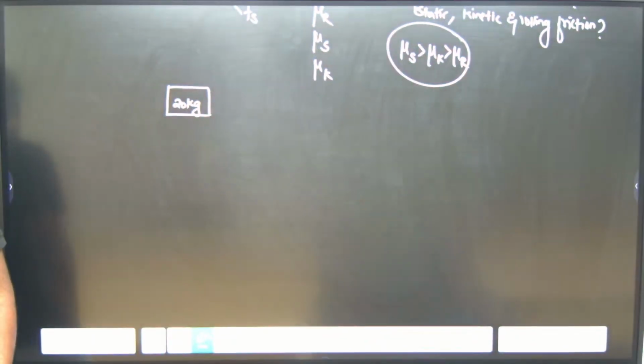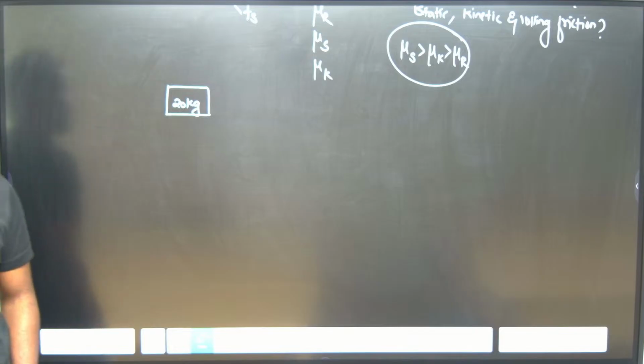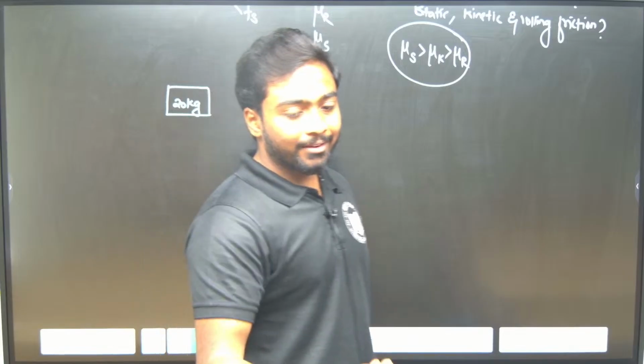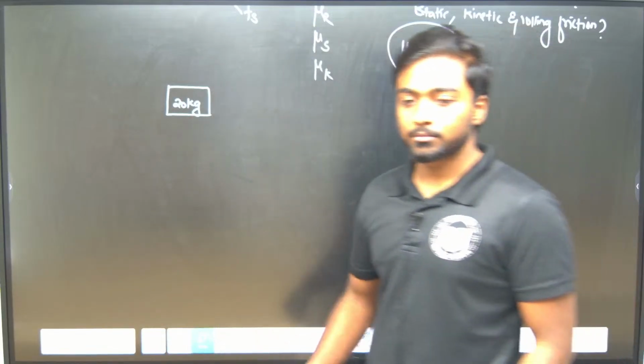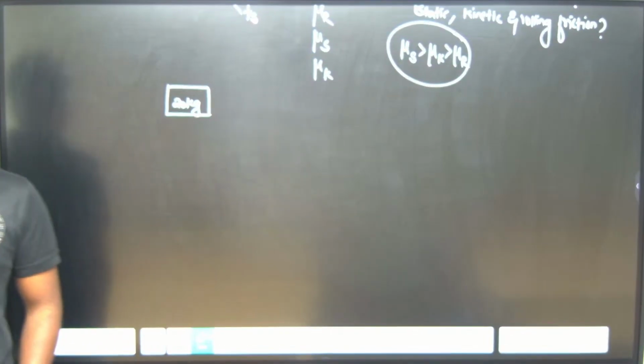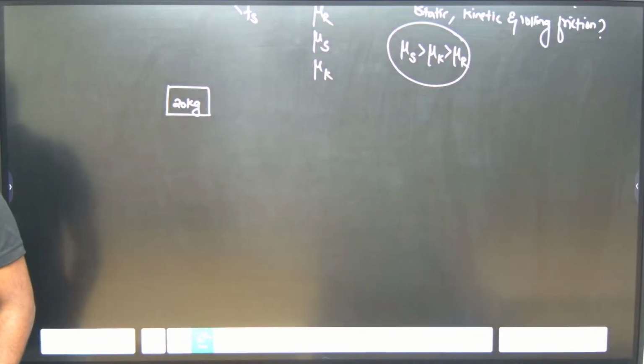After the motion, a force of 60 Newton is applied to keep the block moving with constant speed. Constant speed they are saying. So constant speed in the sense acceleration will be 0, right? Fine, done. Then the coefficient of static friction they are asking. What will be the coefficient of static friction? So can you give an answer for this question?